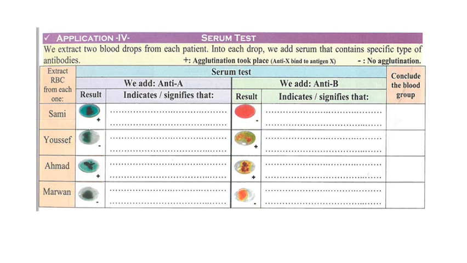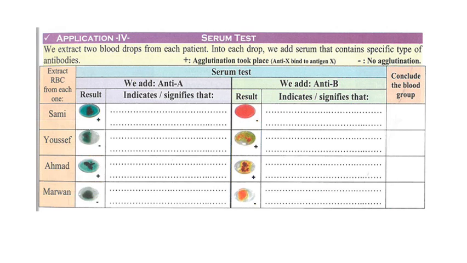Application 4, serum test. We extract two blood drops from each patient. Into each drop, we add serum that contains a specific type of antibodies. Look, if you have plus, means there is agglutination. If you have minus, this means no agglutination. Extract red blood cell from SAMI and add to it antibody A. The result is plus.